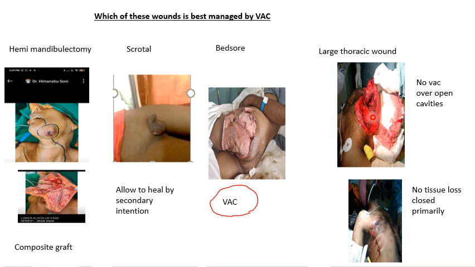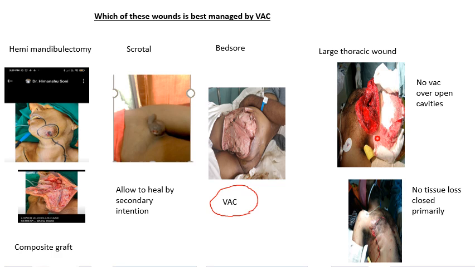You will not be allowing the lung to expand if you are putting negative pressure there. So you must either think of some other cover like a flap, or in this case we were lucky, he had only a large horrendous wound which was really upsetting visually, but there was no skin loss. It could be closed primarily itself.